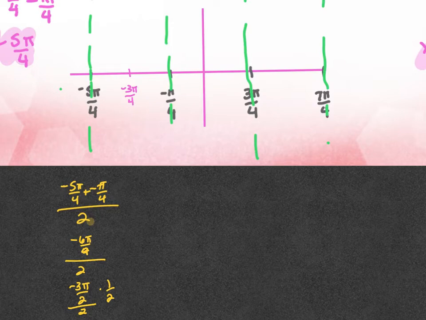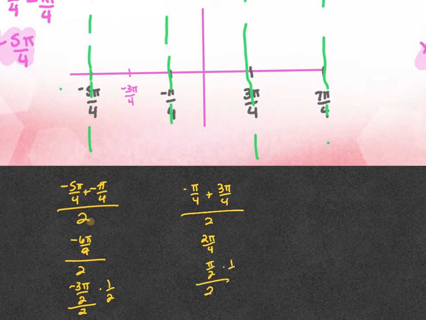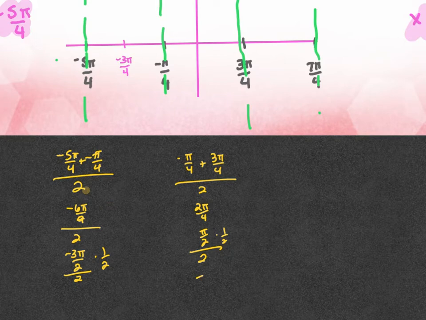Halfway between negative pi over 4 and 3 pi over 4 would be 2 pi over 4, which is pi over 2, divided by 2 is pi over 4.